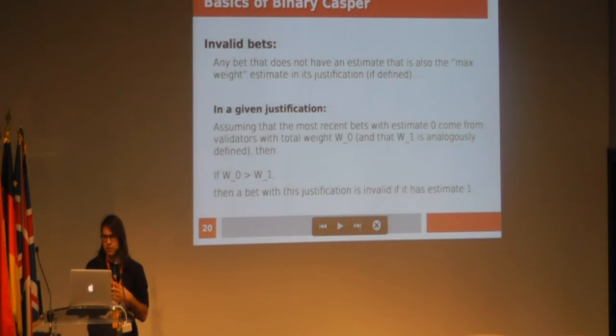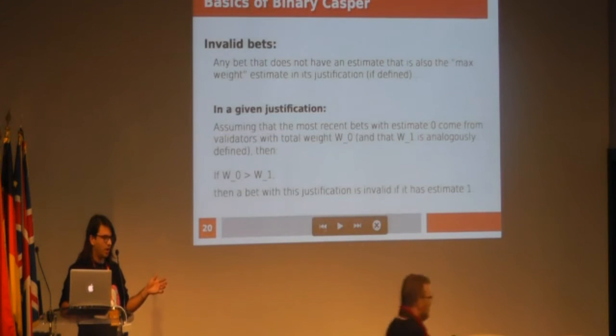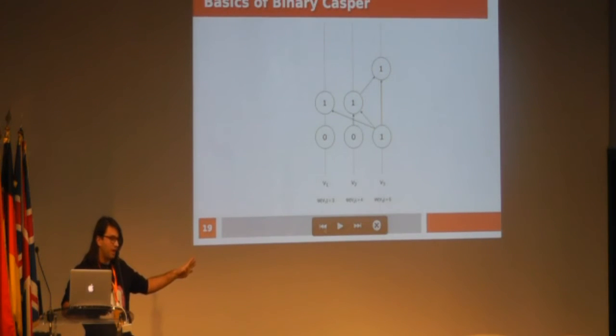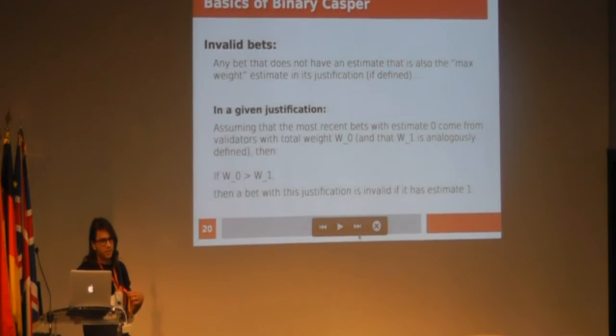So the estimate of a bet has to be the max weight estimate in its justification, or else that bet is invalid. So we have this bet structure, which is represented by this DAG, and we're going to add this constraint, if there's no Byzantine faults, that all the bets are valid. So not only do they have a justification, a sender and an estimate, but the estimate is the max weight estimate in the justification.